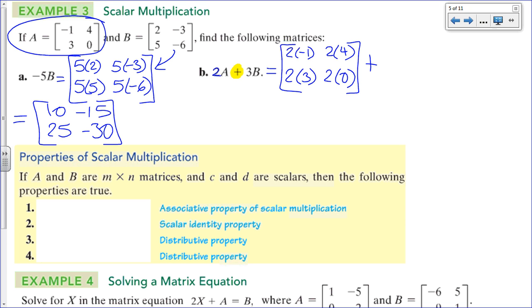Now we're going to add the scalar multiple of matrix B times 3. So that will be 3 times 2, 3 times negative 3, 3 times 5, and 3 times negative 6.